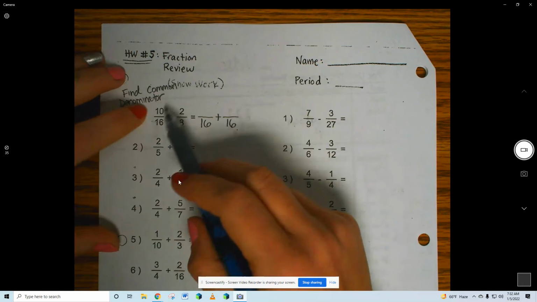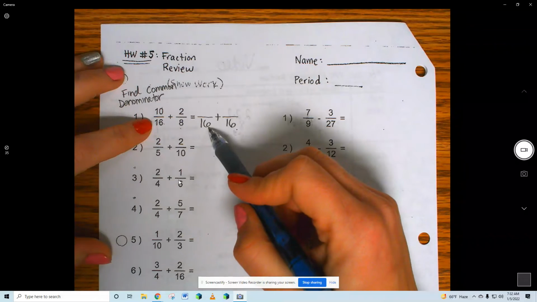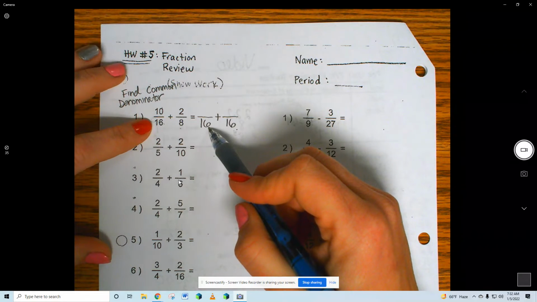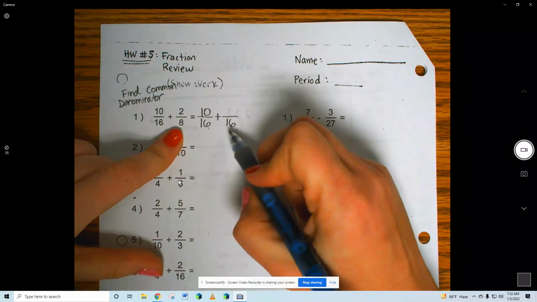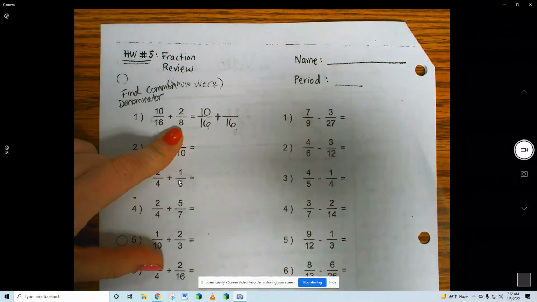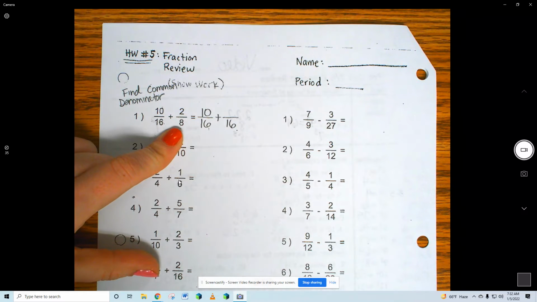The 10/16 I need to make into a fraction that has a 16. Well, it already is a 16th, so I don't change the 10/16. But the 2/8 I need to break up into 16ths.